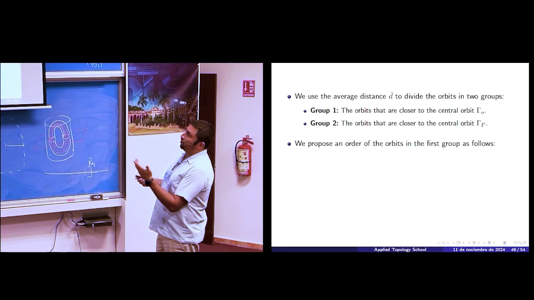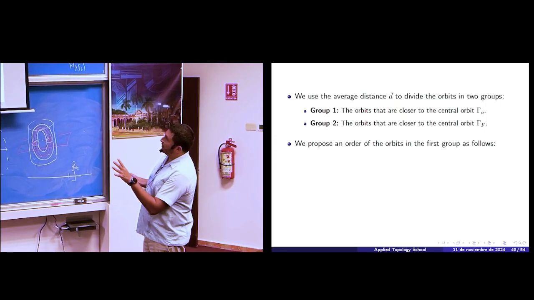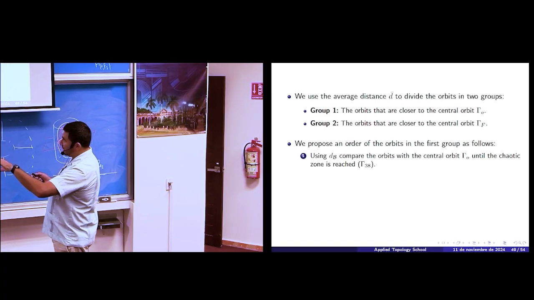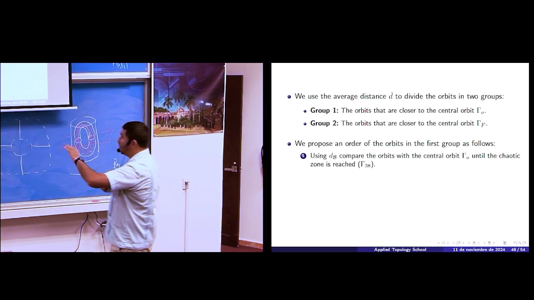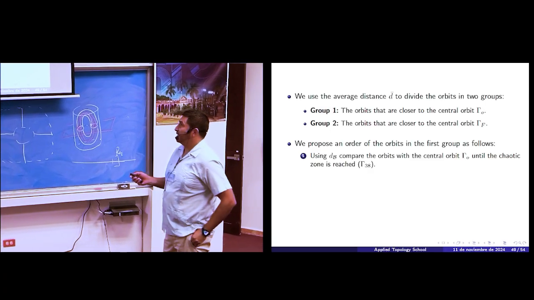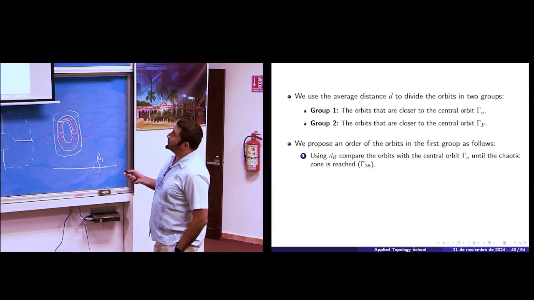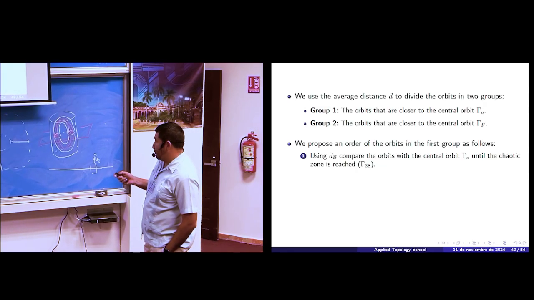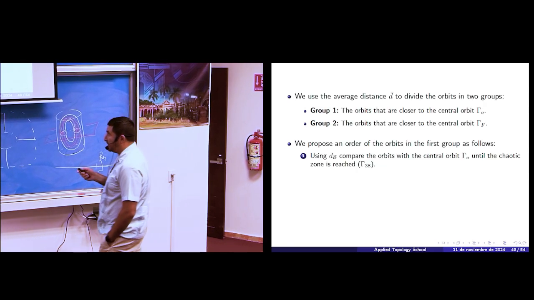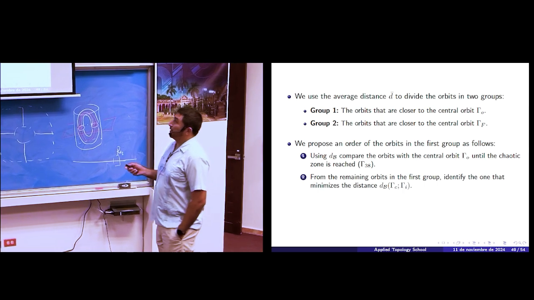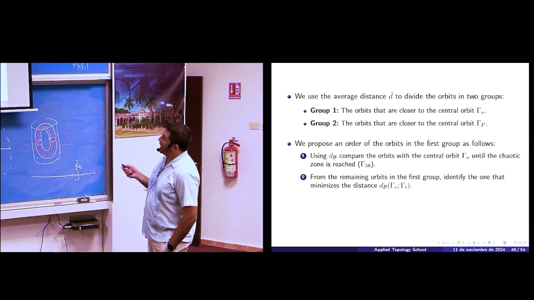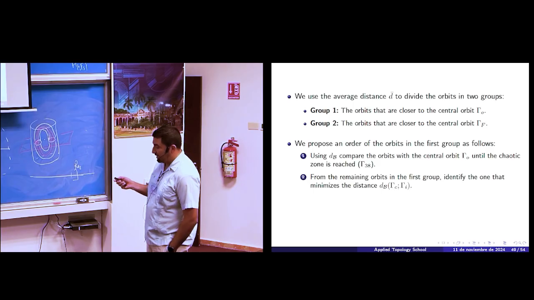We propose an order of the orbits in the first group as follows. Using the bottleneck metric, compare the orbit with the central orbit until the chaotic zone is reached, which with our initial conditions is gamma 38. From the remaining orbits in the first group, identify the one that minimizes the distance.